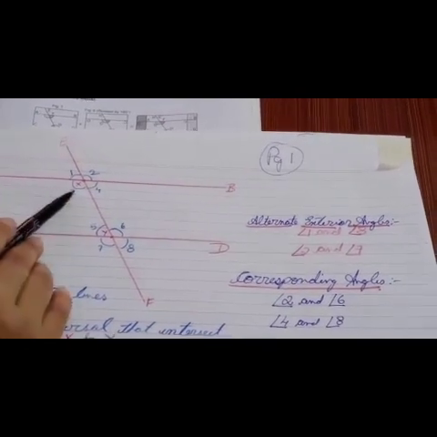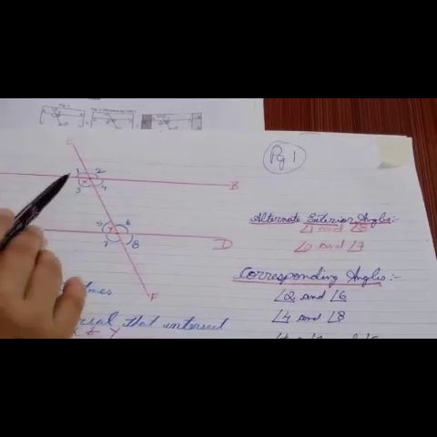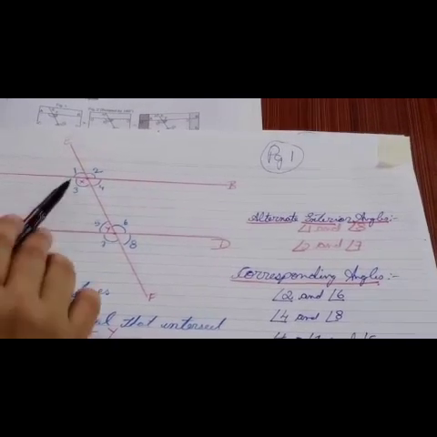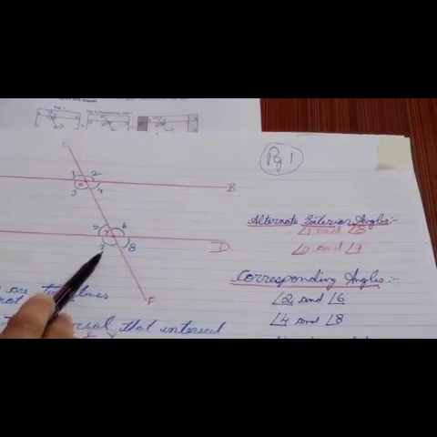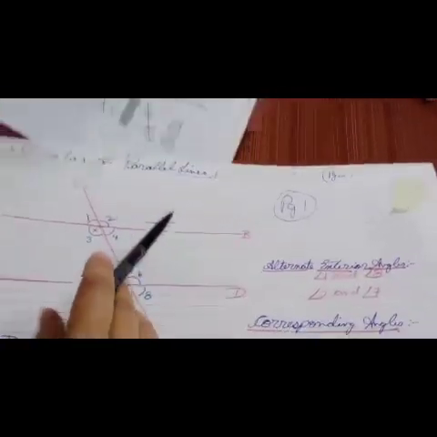Angle 3 is interior and angle 7 is exterior, and they are on the same side of the transversal. So these two angles are also equal. Now children, go through the reading of this page once, you will understand better, and if you have any doubt, don't worry, we will clear up everything in the class.